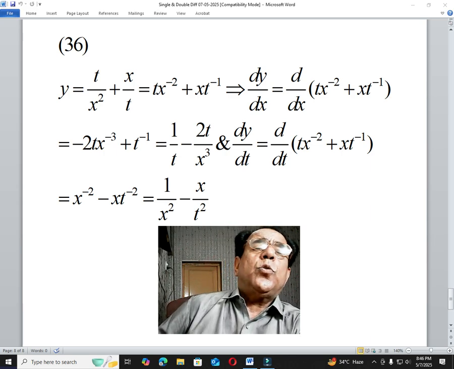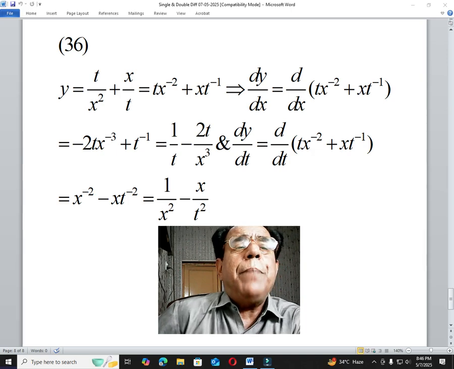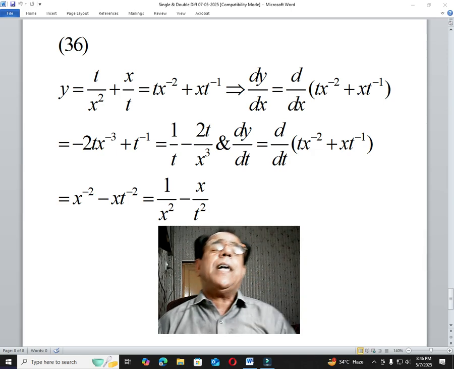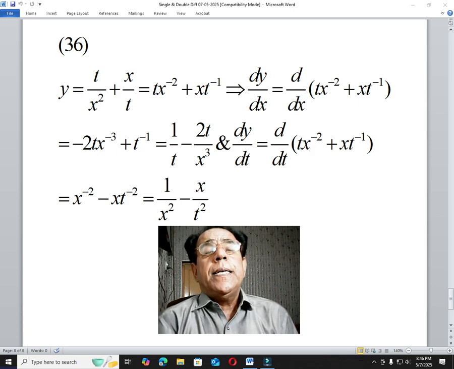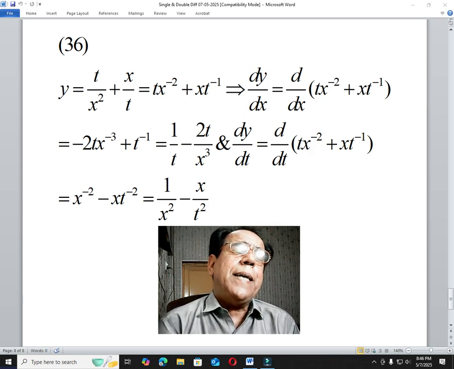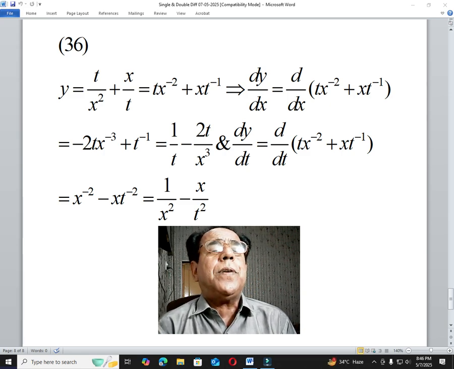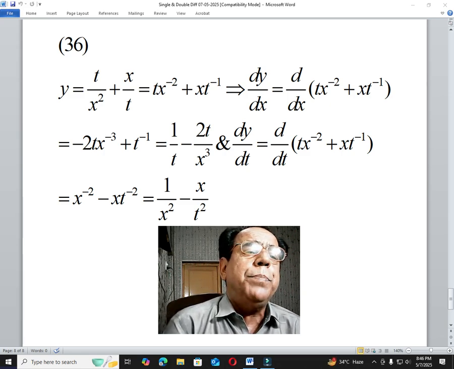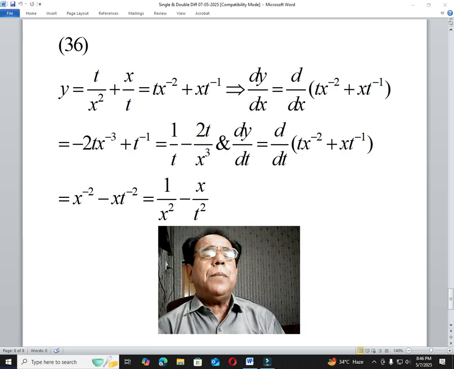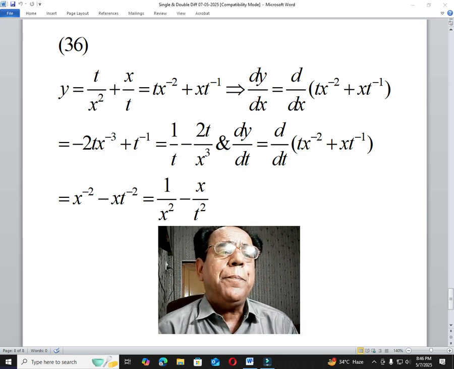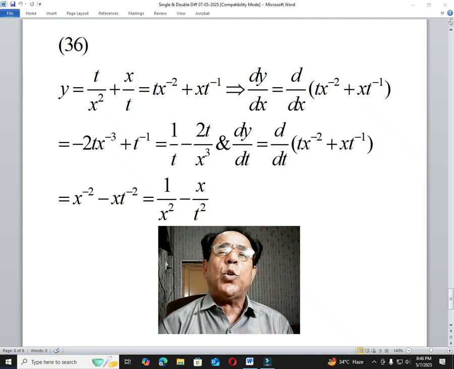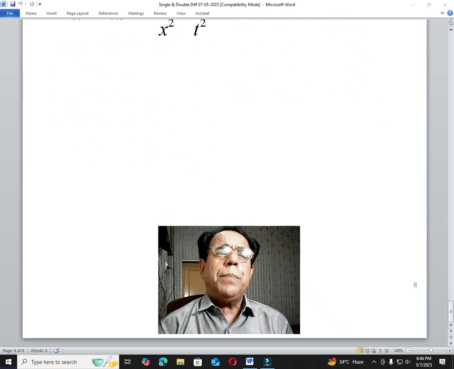Okay, so the second term becomes minus x t raised to the power minus 2, and in the next step we are once again changing minus power into plus power by shifting their place from numerator to denominator. So in the next step our answer becomes 1 over x square minus x over t square. This is the solution of our problem number 36.